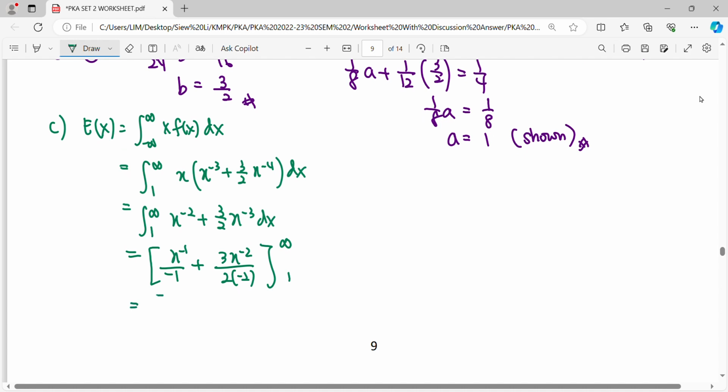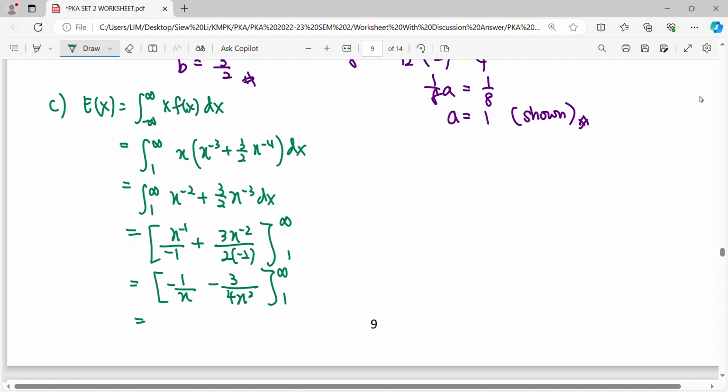Then we rewrite our negative power at the denominator: negative 1 over x, and this one is negative 3 over 4x squared, so that we can substitute infinity and minus lower limit 1. When we substitute infinity, we can evaluate it easily.